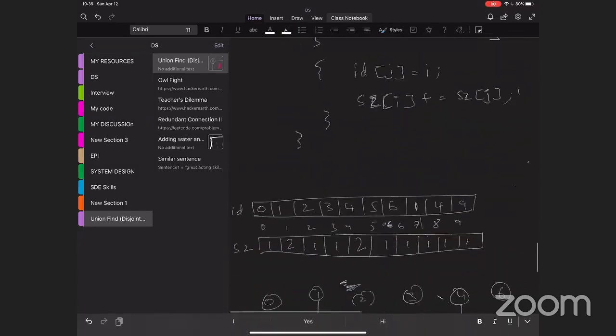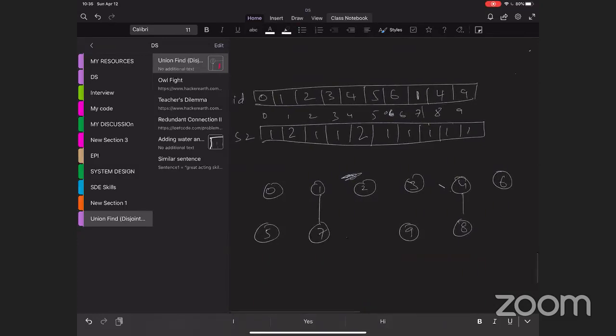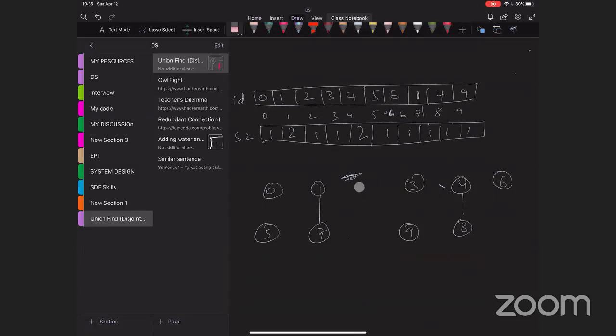So we go again to the else block, where we make 2 a child of 1, right? Yes, correct. So size of 1 becomes 3, and ID of 2 becomes 1, right?